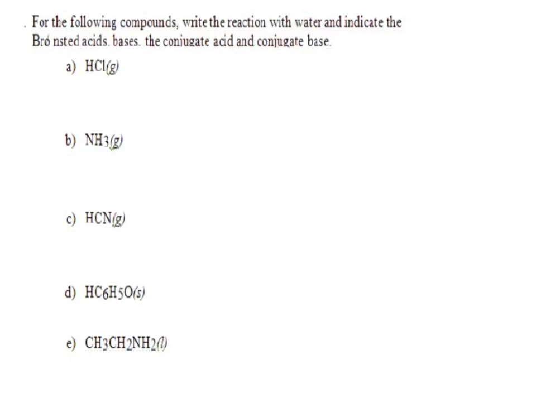All right. And lastly, we're going to take all these and add them to water, and then we're going to label the Bronsted-Lowry acid base and the conjugate acid base. So NH3, we've already seen HCl. So NH3, we're going to add it to water.